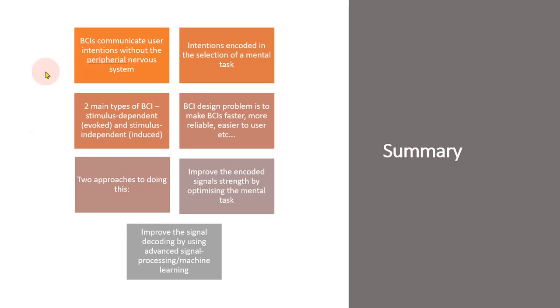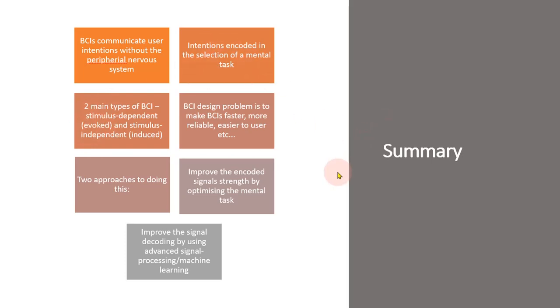If you use some other signal such as EMG, then it's not BCI anymore, but BCI plus something. Then we also discussed two different types of BCI. First one, stimulus dependent, and second one, stimulus independent. We also discussed them as exogenous and endogenous types of BCI.